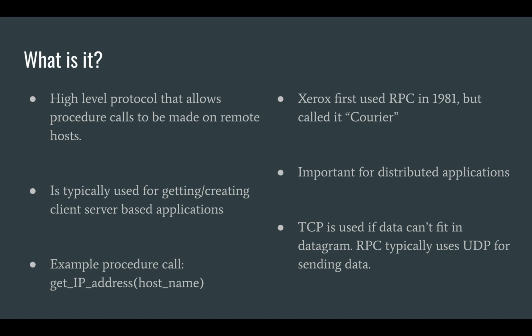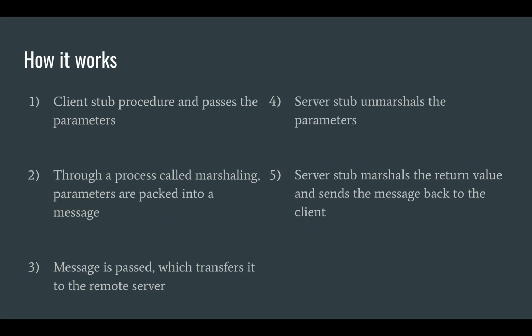They called it Courier, and this call is important for distributed applications for reasons I will say later on. Remote procedure call typically uses UDP for sending data. However, if it does not fit in the datagram, we typically see the usage of TCP.